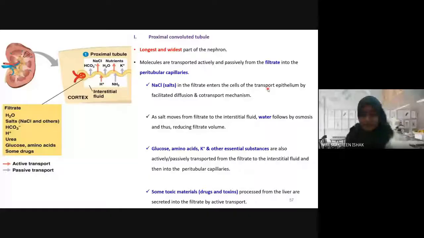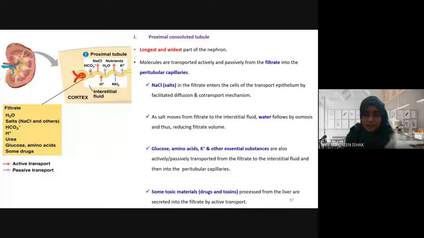So dekat cell of the transport epithelium ni akan ada contohnya transport protein that helps in the transportation of sodium chloride. Maksudnya kat sini akan ada protein, transport protein untuk terlibat dalam transportation of sodium ion and also chloride ion. Facilitated diffusion, okay?